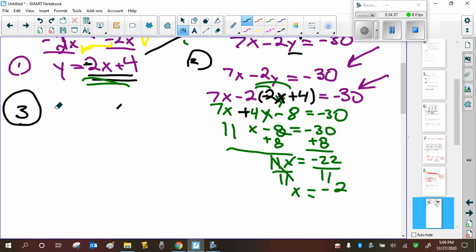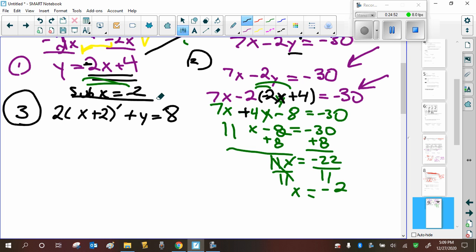So, still an eraser. 2 times x plus 2 plus y equals 8. And if I sub x equals negative 2 in there, I'm pretty happy because the negative 2 plus 2 is 0. So 2 times, and then I'm going to substitute this negative 2 plus 2, which is 0.